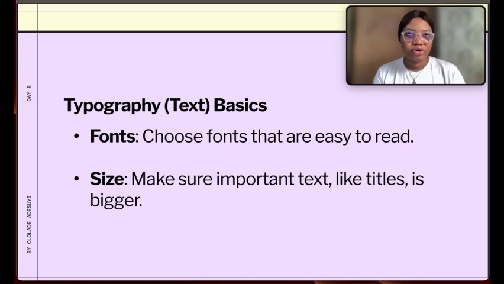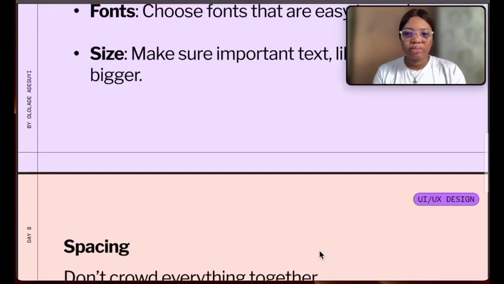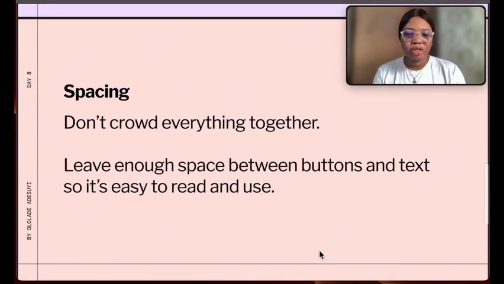I usually recommend, or the standard is, you do either 2 different types of fonts or a maximum of 3 throughout. If you're designing an app, don't go above 3 different types of fonts so that it doesn't start confusing the user. So that they don't start thinking, are we still on the same platform? Exactly. Moving on from typography, I am moving to spacing now.